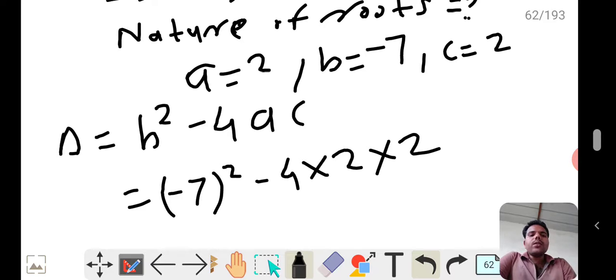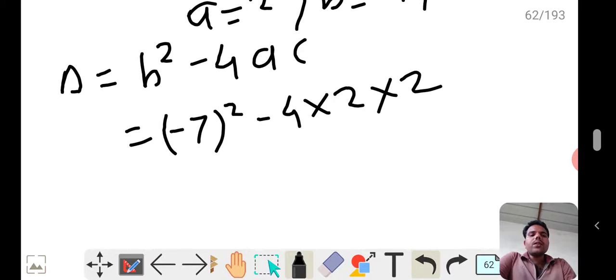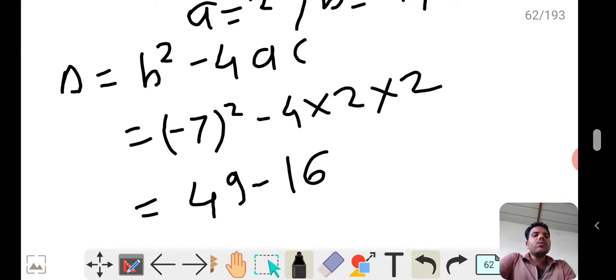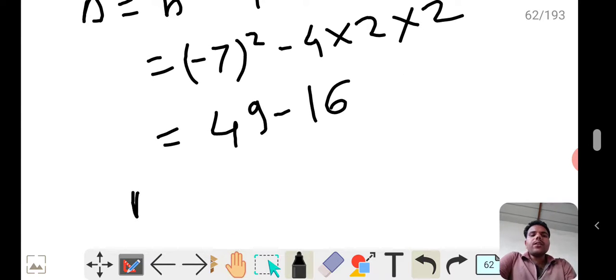So from this formula we get b square, that is minus 7 square, minus 4ac. Minus 7 square is 49, minus 16, because 4 twos are 8, and 8 twos are 16. So from this we get delta is equal to 33.